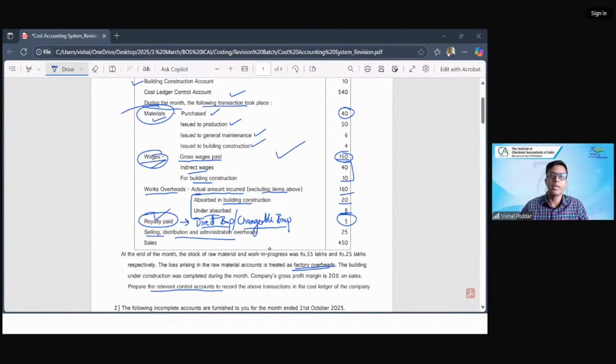But to understand that charging entry, let us first understand what would have happened had you opened a separate account for direct expense. First you would have passed the entry for payment or incurrence of this expense by the transaction CLC. So in this case, for royalty payment, I would have first posted to CLC, where the second effect would go to CLC.